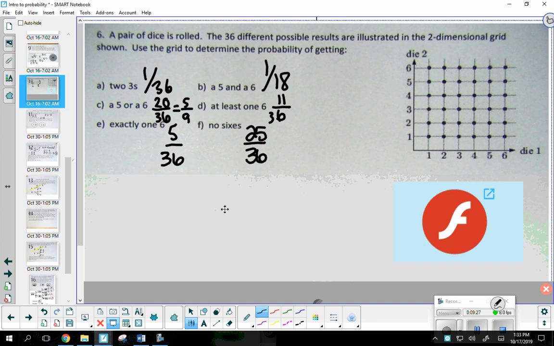Okay, so just like Jacob, I will say one of those is correct. Which one do you believe it is? F is correct. Okay, the probability of getting no 6s is 25 out of 36, but exactly one 6.